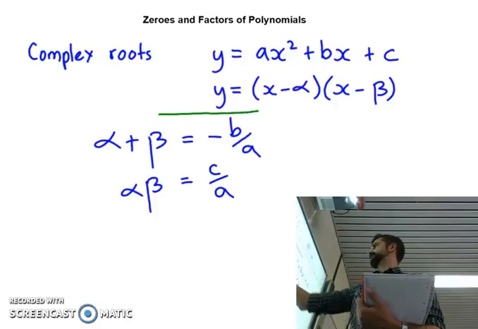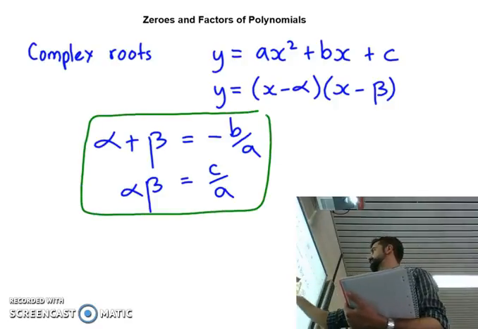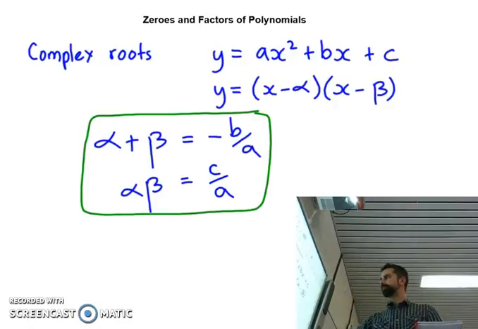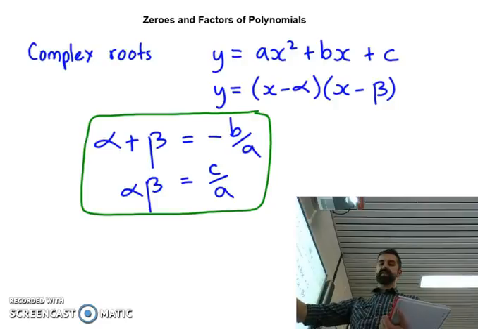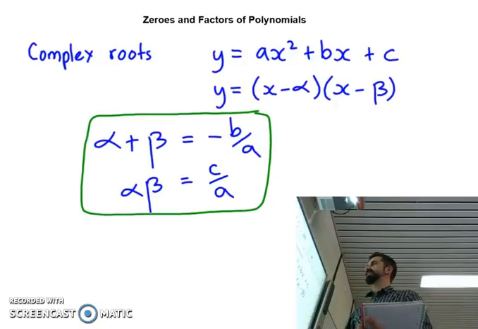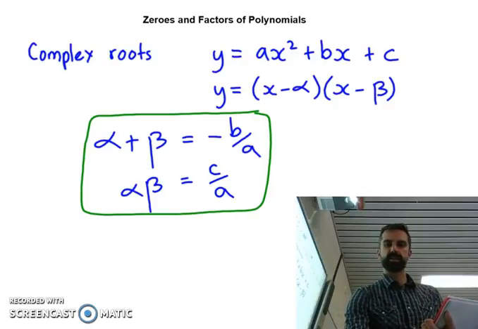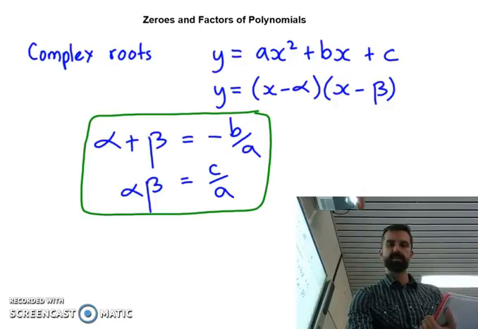So make sure you write that down because it's quite useful. Now you'll see that if a equals 1, then the sum of the two zeros is going to be -b, and the product of the two zeros is going to be c. So that's a little trick that we're going to use when we look at cubics, and I'll do an example of that in a moment.